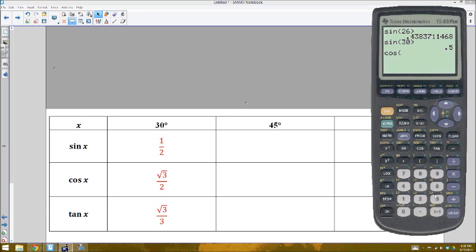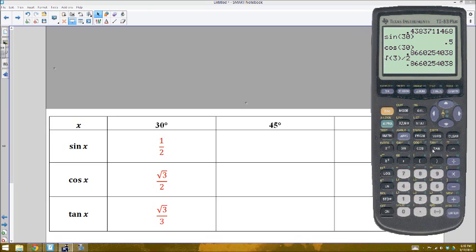If I check the cosine of 30 degrees, I get 0.866. My question is, is that actually equivalent to the square root of 3/2? We can check that by finding out what the square root of 3/2 is. And notice that they are the exact same decimal value.